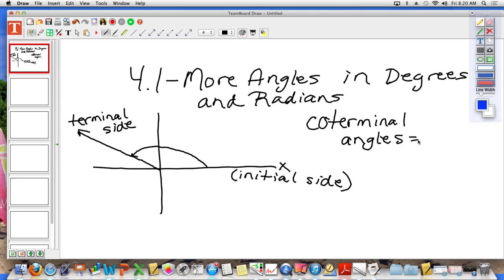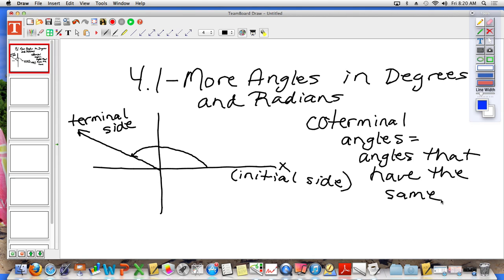Coterminal angles are angles that have the same initial and terminal side.